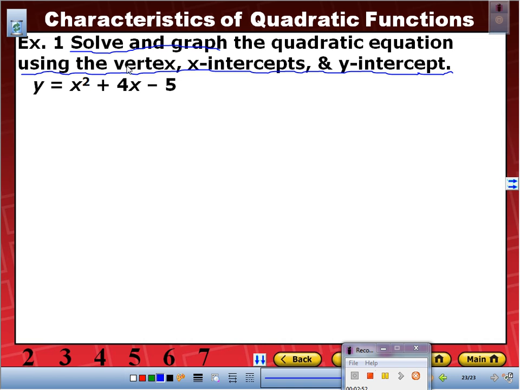Our equation: y equals x squared plus 4x minus 5.